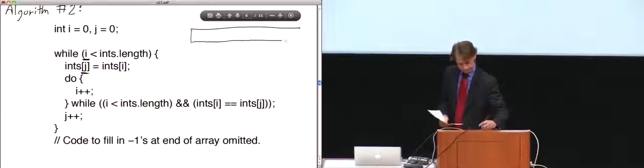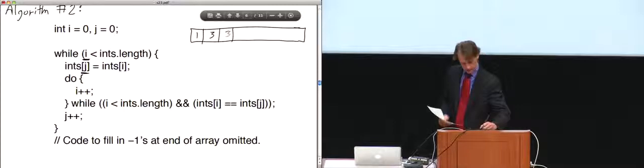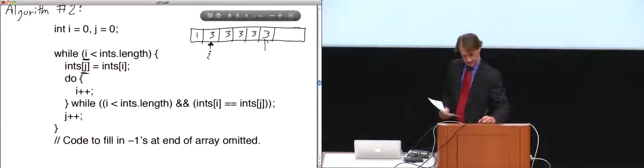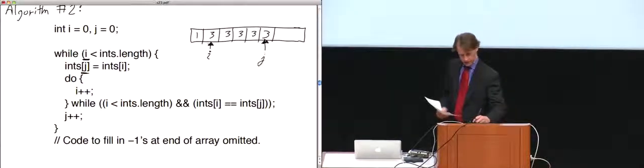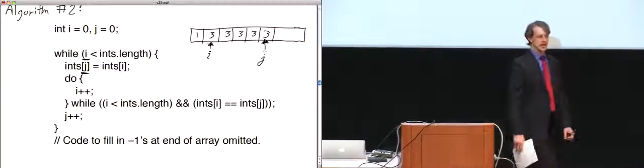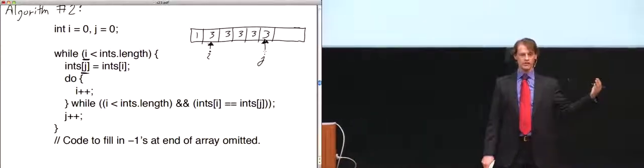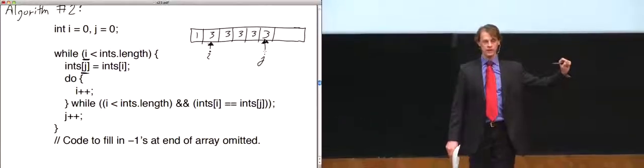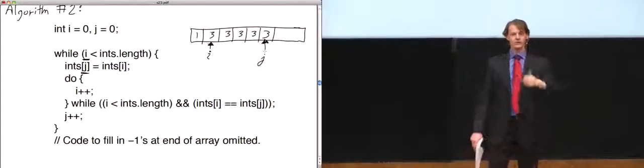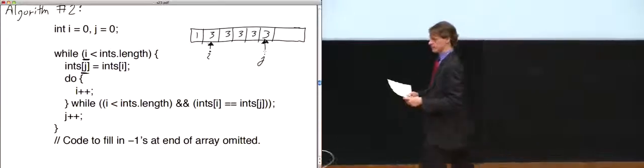So as I go through an array, i is going to be pointing at the current thing that's not a duplicate, and j is going to be pointing to duplicate copies of that same number. And when I find a number that's not a duplicate, moving j forward, then I move it back to where the i pointer is.